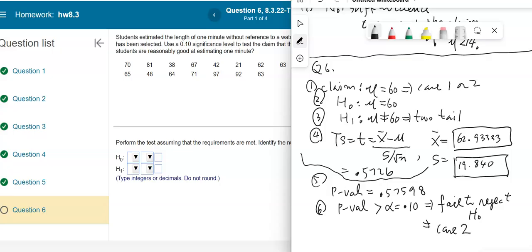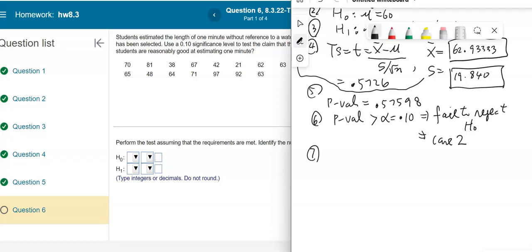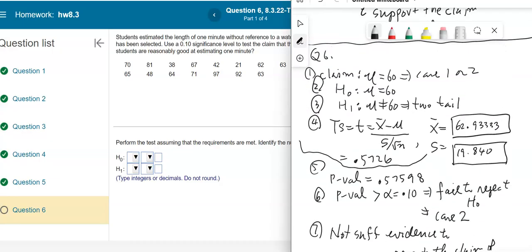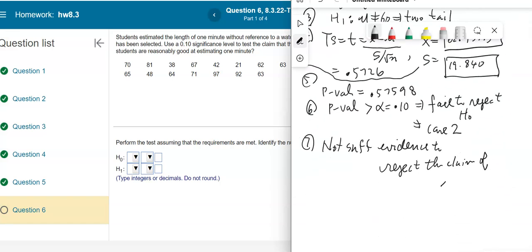Case 2. What does case 2 say? Not sufficient evidence to reject the claim of, what was the claim? Mu equal to 60. Okay, not sufficient evidence to reject the claim.